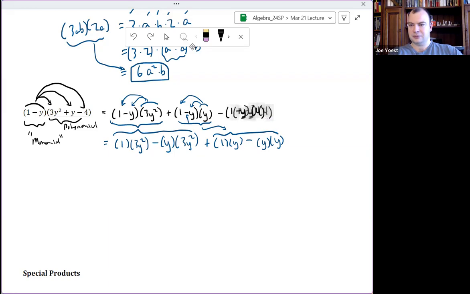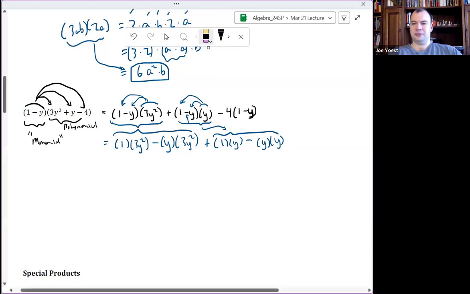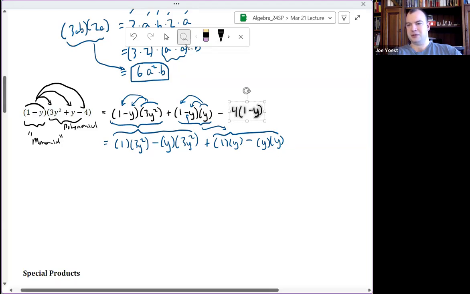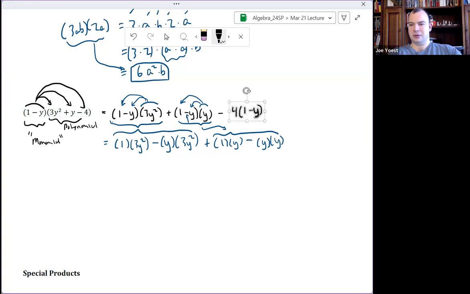Instead of 1 minus y times 4, I'm going to bring that 4 out in front, make it 4 times 1 minus y. So just change the order that those two were multiplied. And then instead of minus 4 times 1 minus y, I'm going to make this plus negative 4 times 1 minus y.